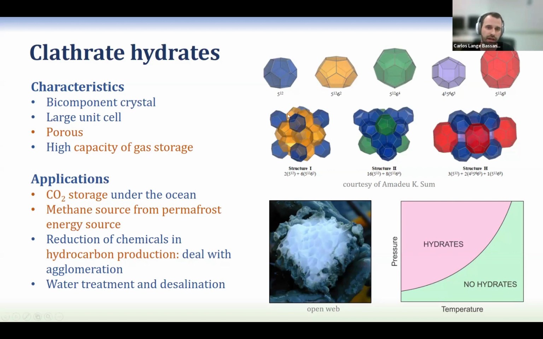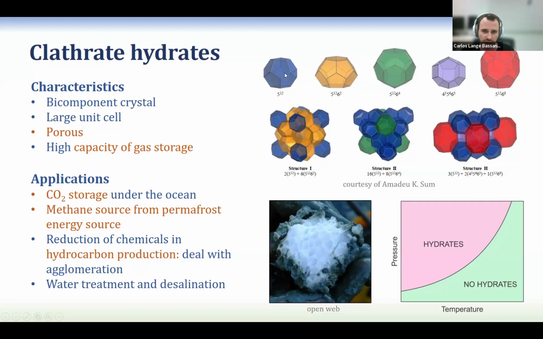So clathrate hydrates have this crystalline structure made out of cages. At every edge, every tip of this cage, imagine there is a molecule of water. And the molecule of water always hydrogen bonds with other molecules of water. There are in total 4 bonds, so they are tetrahedral bonds.